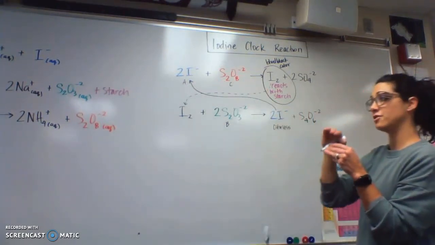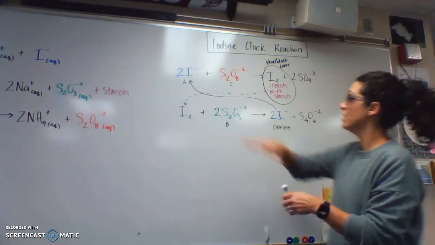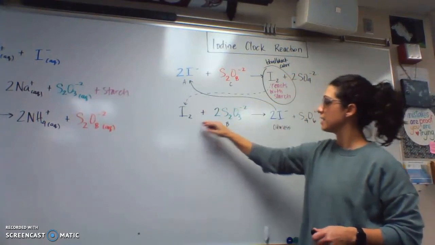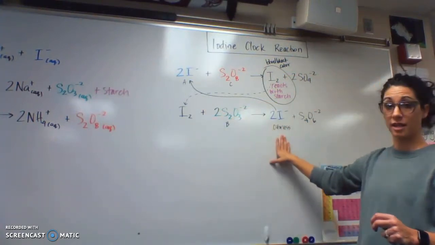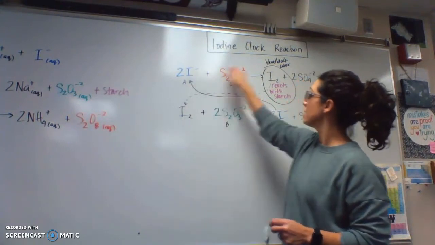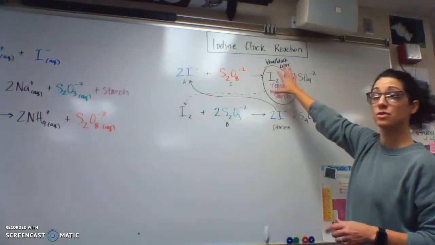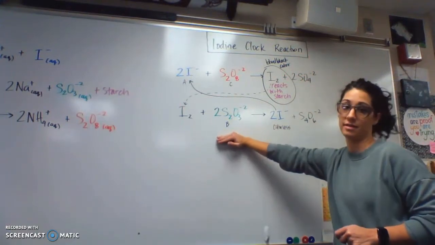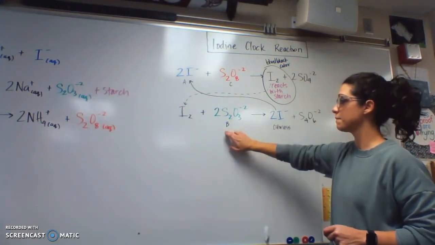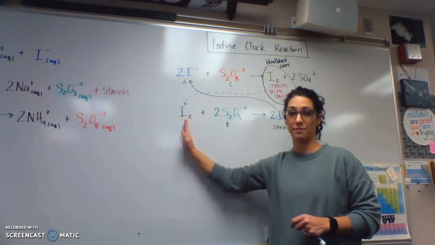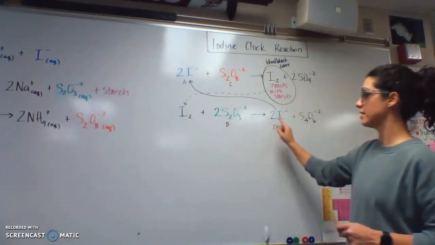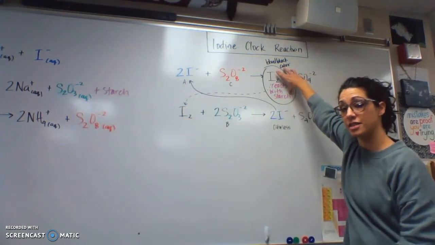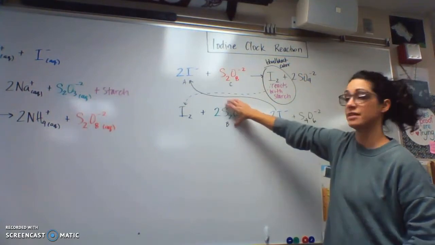It's called a clock reaction because it just keeps cycling through. You won't see the blue-black color until we run out of B. When B runs out, the reaction stops at I2, we don't go back to I-, and the solution stays a blue-black color.